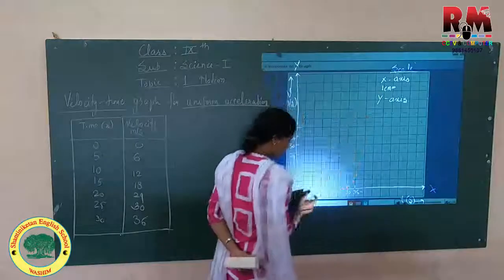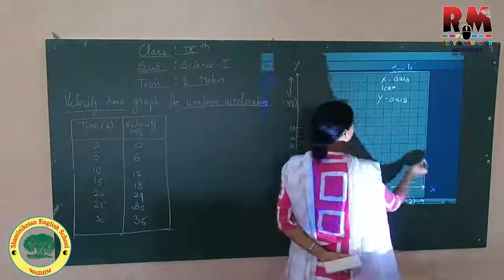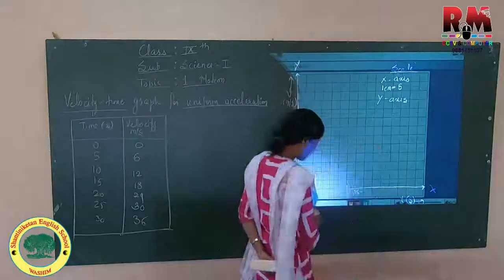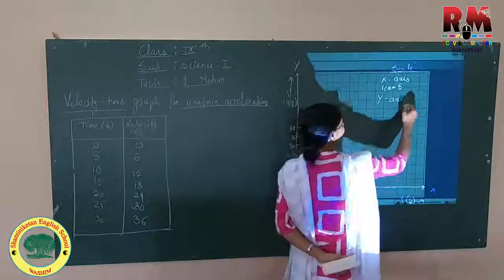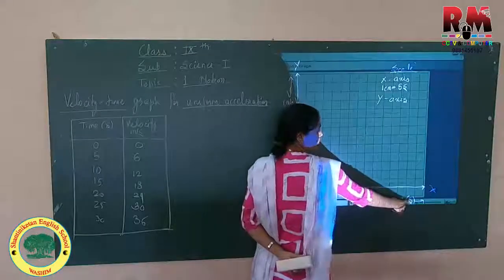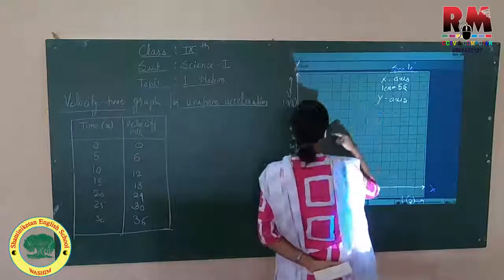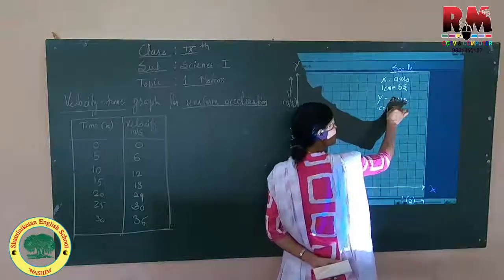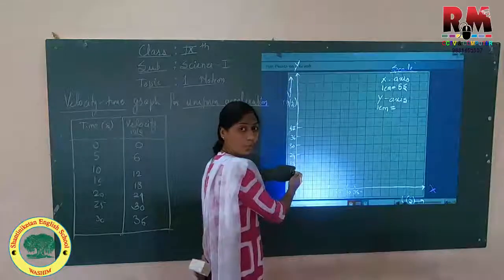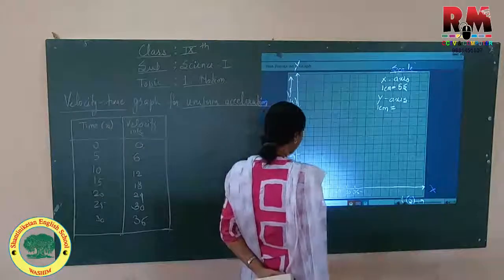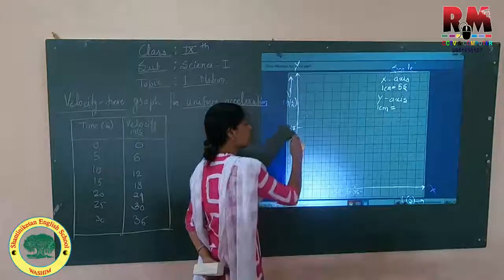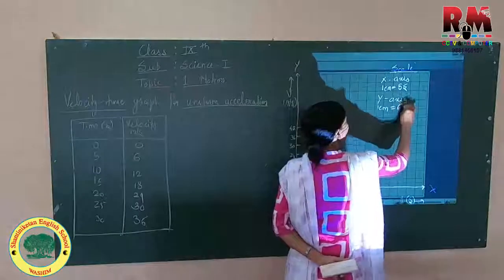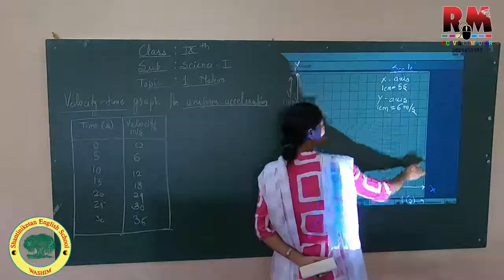Scale we have taken of 1 centimeter for a difference of 5 every time. 5 what? Seconds. You have to write the unit also. On the y-axis, let us see. Again we are taking 1 centimeter. You may take 2 centimeter, means you have to take 2 boxes. 1 centimeter, your difference is of 6 meter per second.